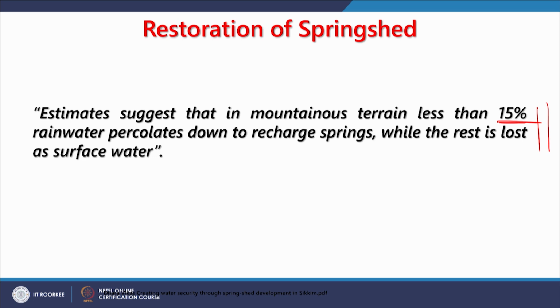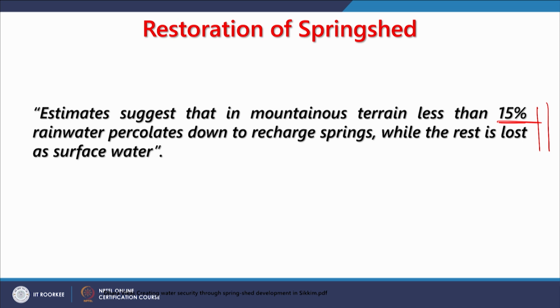By some means, if we can increase the share going to groundwater and reduce the surface runoff, we will have better spring conditions and better discharge from springs, and that can only be done through best practices which are known, tested, and demonstrated in watershed management.